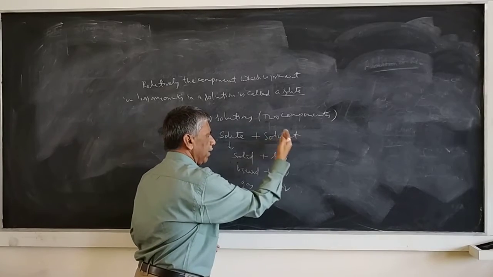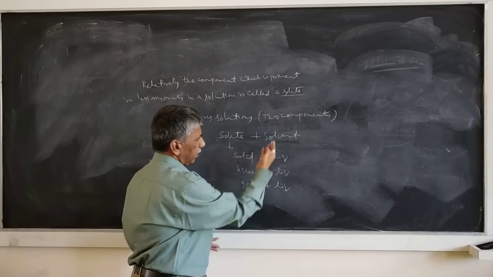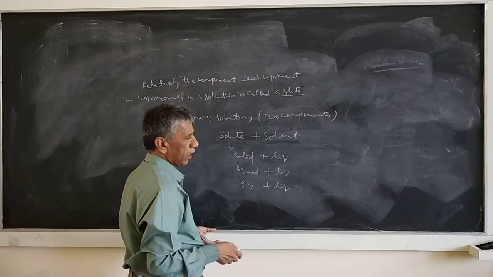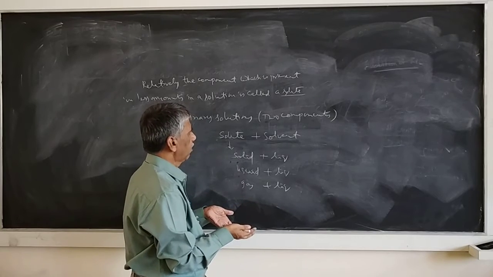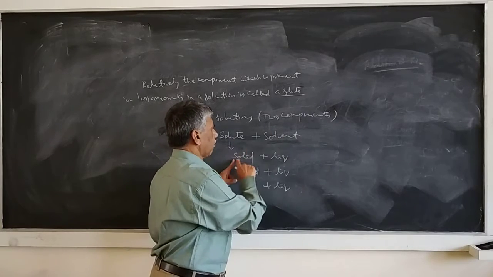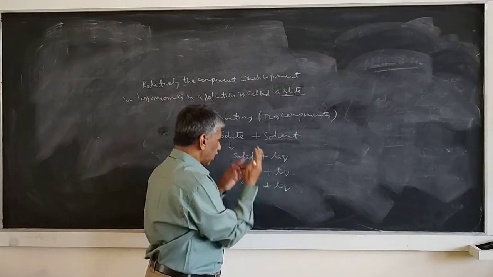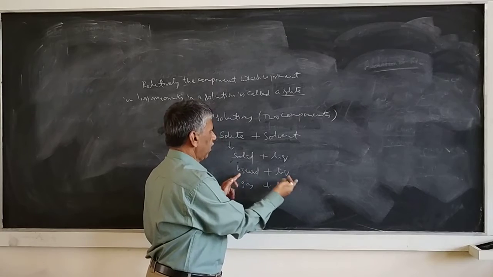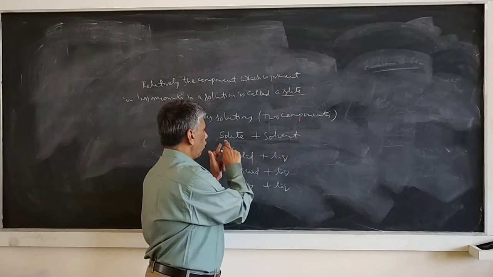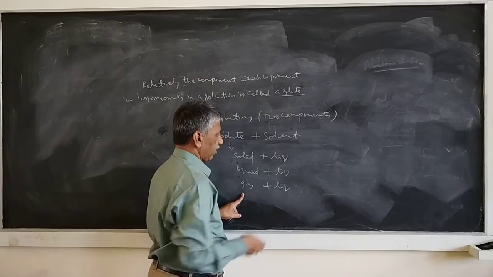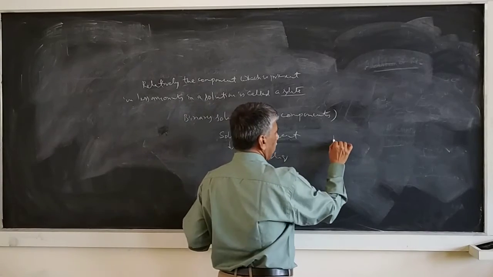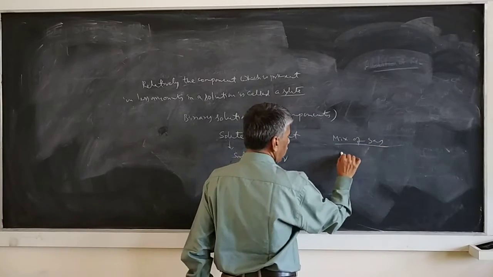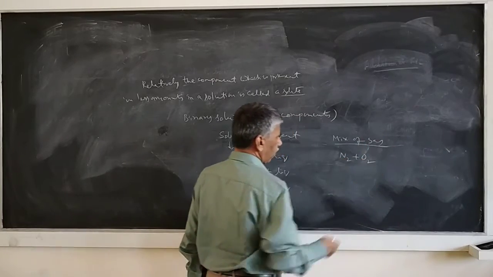Sometimes it may be gas also. Sometimes it is solid also. There are solutions in which both solute and solvent are present in the solid states. There are some examples in which the solute and solvents are liquid and liquid. There are some solutions in which both solute and solvent are in gaseous state. You take a mixture of gases, for example, a mixture of nitrogen and oxygen.